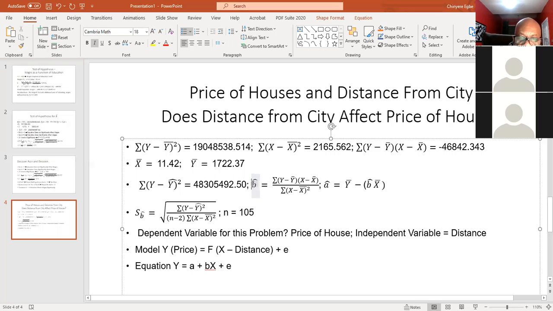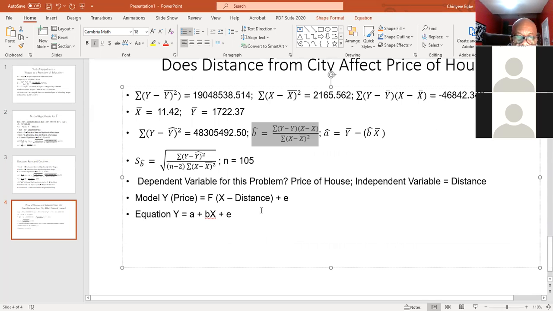So we have to estimate B hat. How do we estimate B hat?